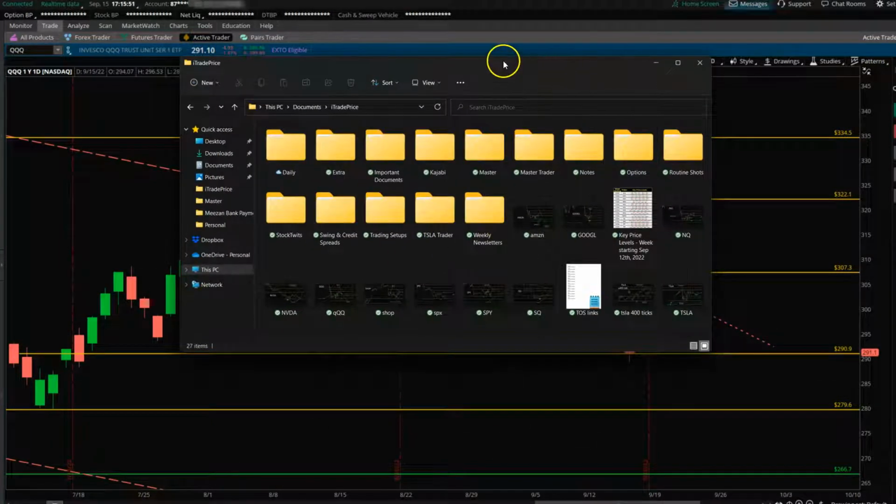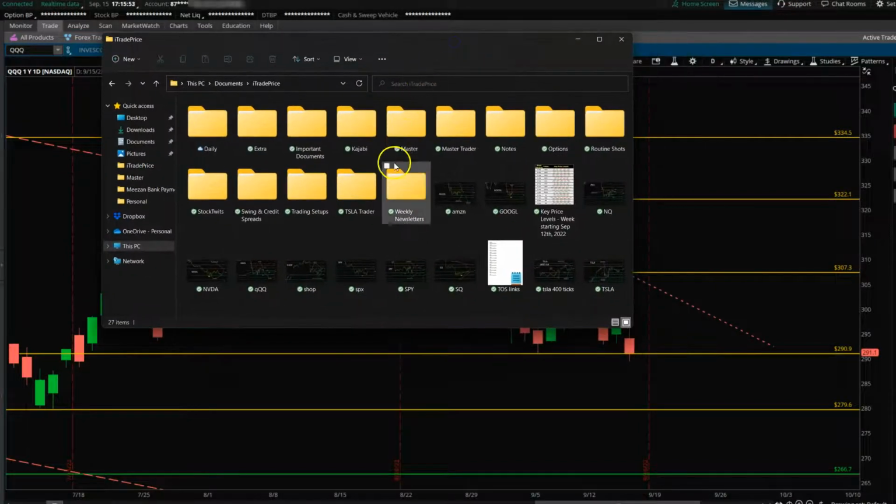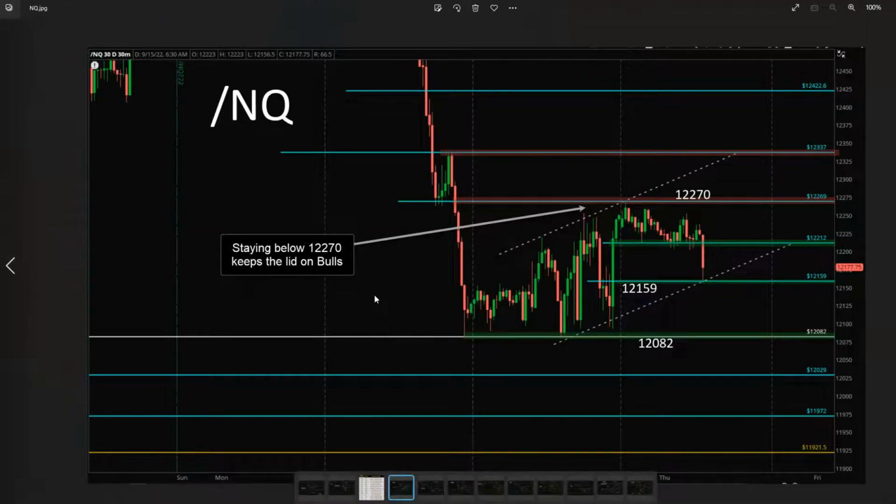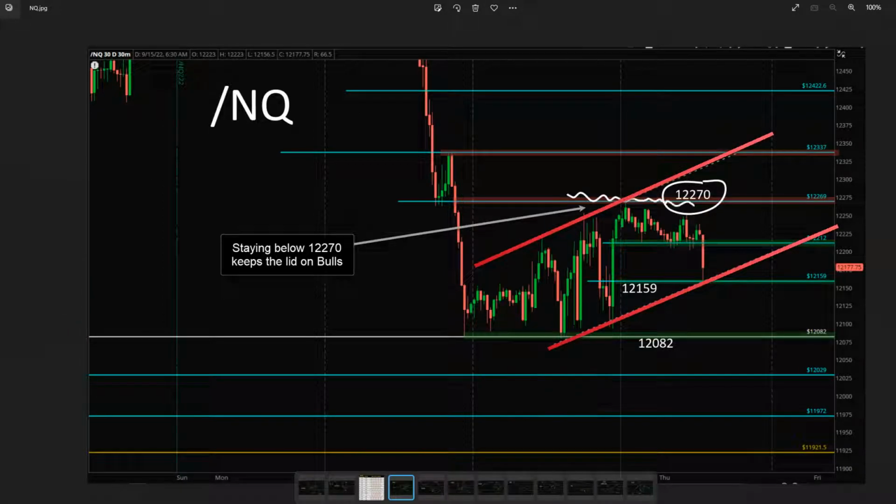So let's start off with NQ, one of my favorite ones. I trade that actively. Our thought was that 12,270, being the pre-market or overnight high, was our reference to get bullish above.